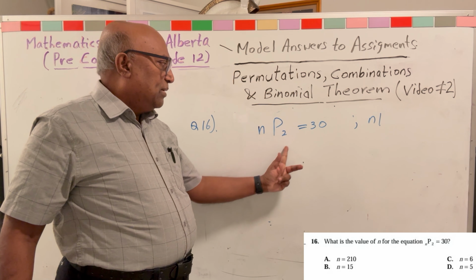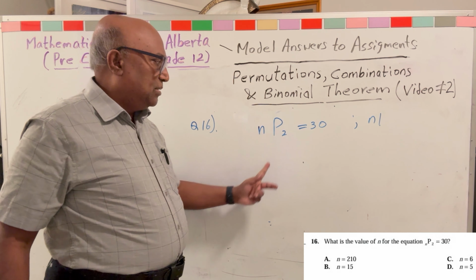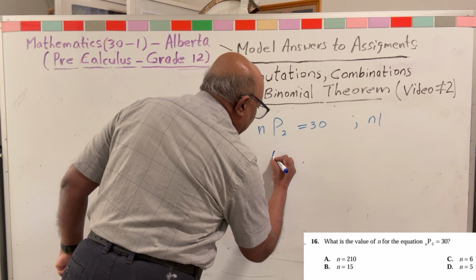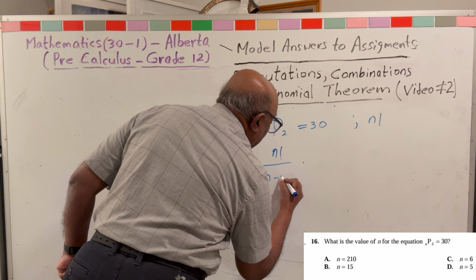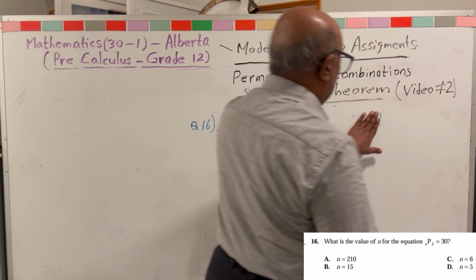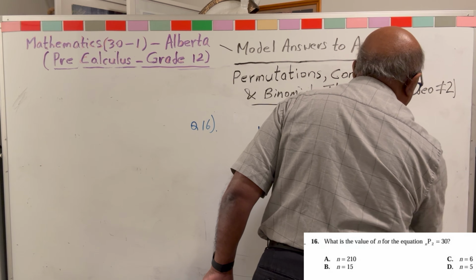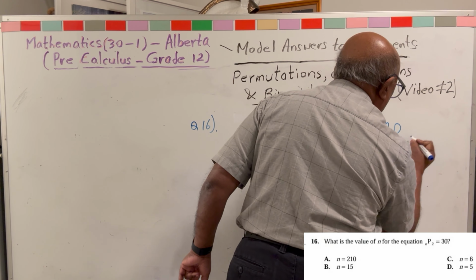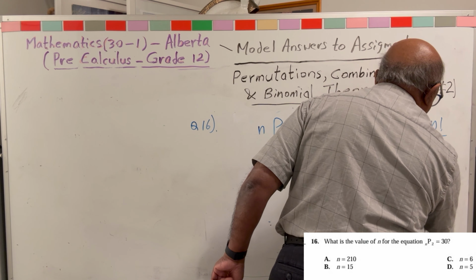Let's write the formula for this. There is a formula to expand this: factorial n upon factorial n minus 2. We apply this formula, okay? nPr equals factorial n upon factorial n minus r.